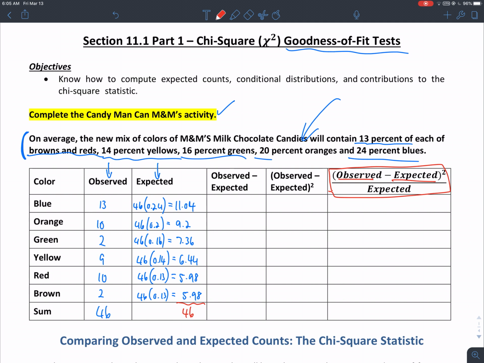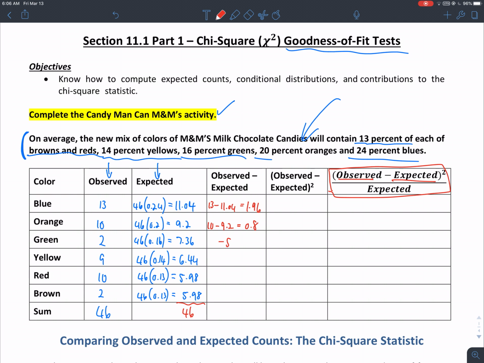The first one is 13 minus 11.04, and what you get is 1.96. And so on. You do 10 minus 9.2, and then you get 0.8.